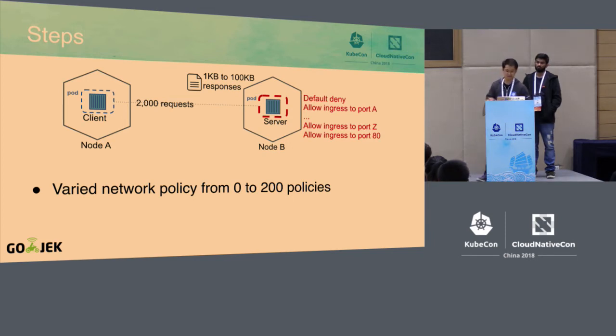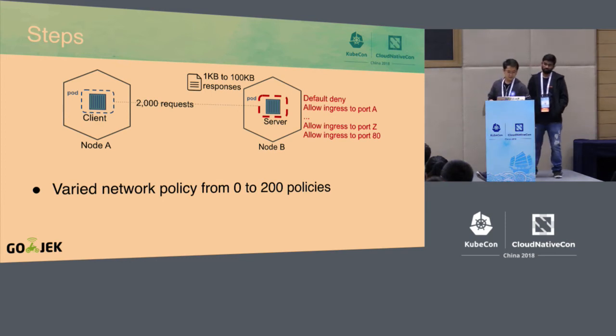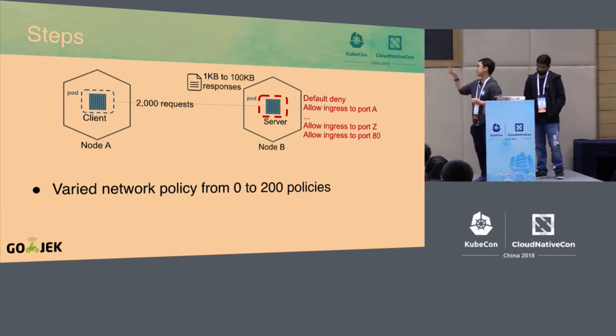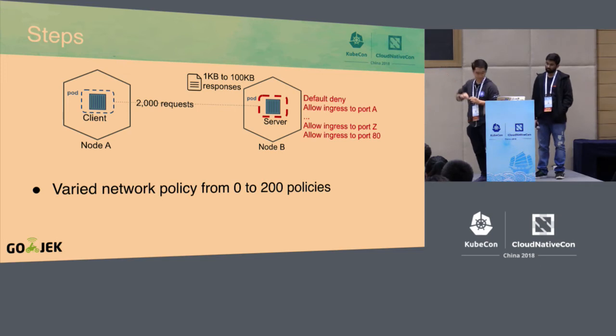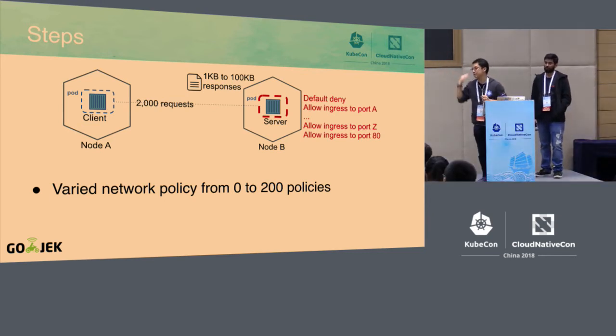For instance, allow ingress to port A, allow ingress to port B, A, B, C, D, random ports which do not match the port that the server is listening to. Then the last policy we configured with port 80, which will allow packets coming in and matching the port, basically. In this case, we could simulate that all the policies are being hit when we were doing this test.